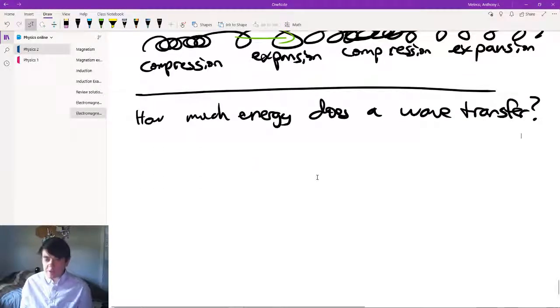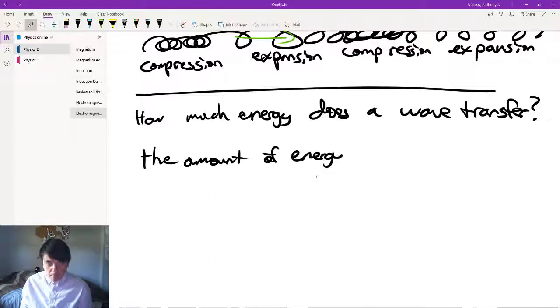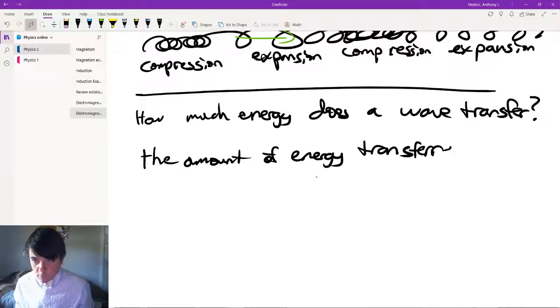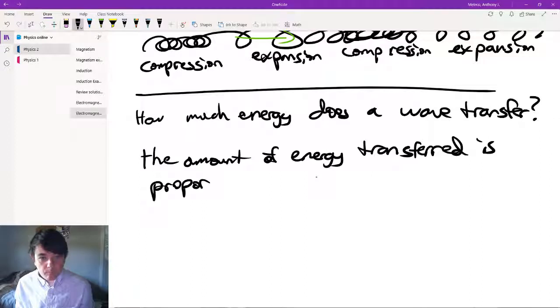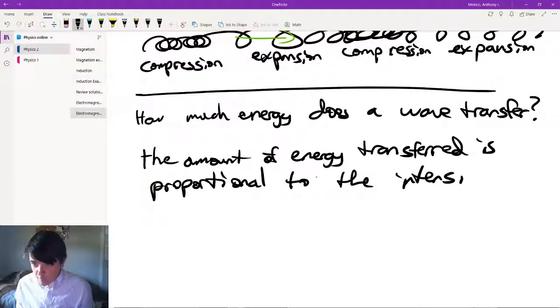We talked about it a little bit. Well, the amount of energy transferred is proportional to the intensity of the wave.